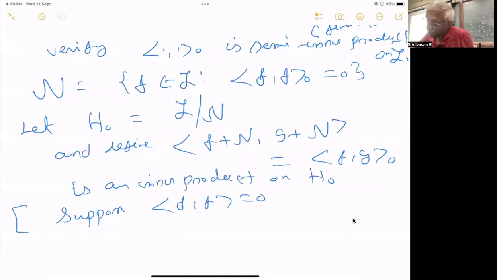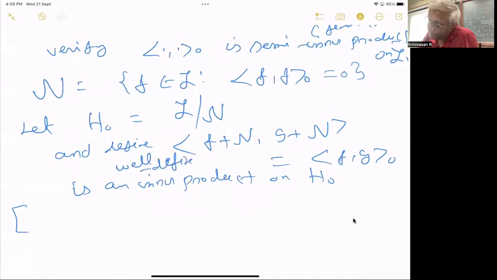So first of all, we have to verify it's well defined. Positivity is clear. The well-definedness is what we have to verify. Well defined means it does not depend on the element in N, right?